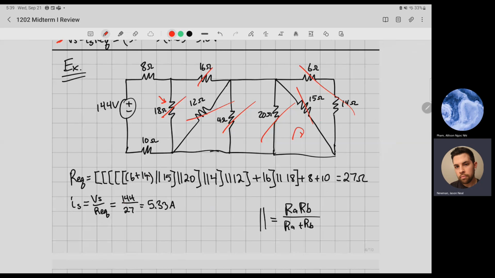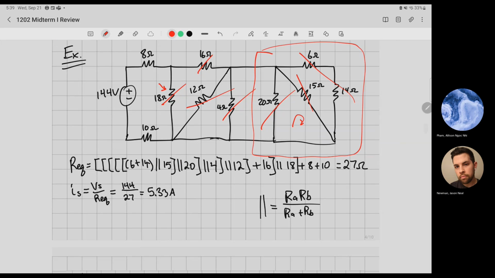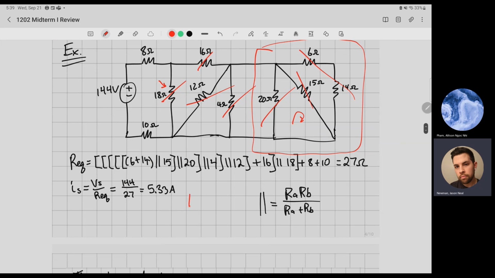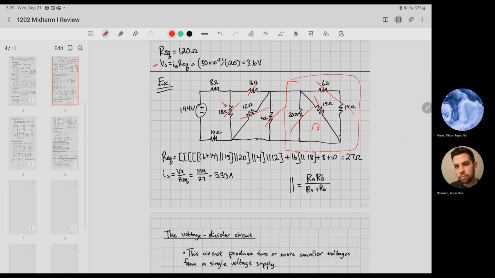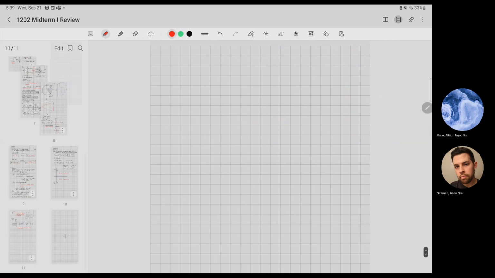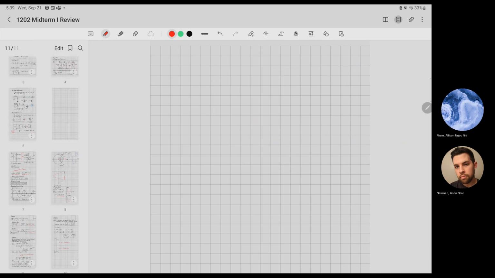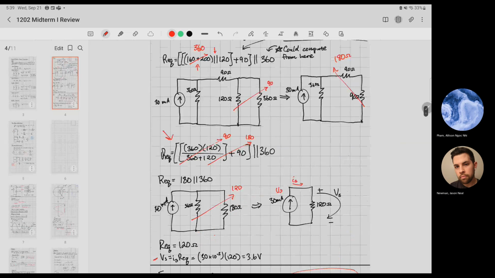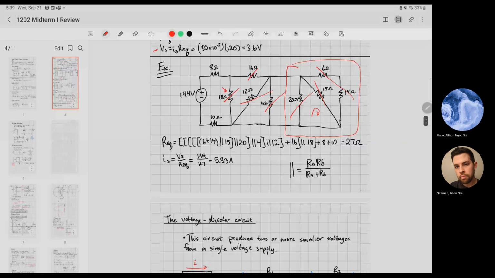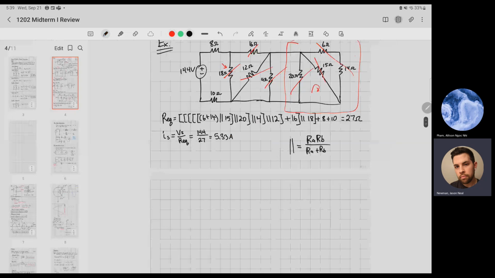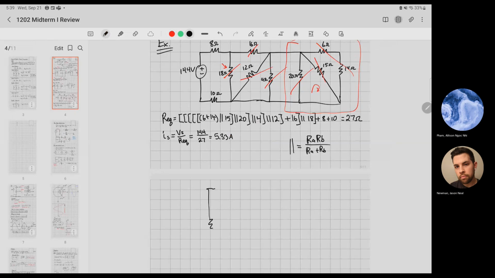Okay, so let me redraw this. I'm gonna redraw this part over here. So that's what you're talking about, right? So let me say I need some room. Okay, so I'm gonna say that this is the 20.